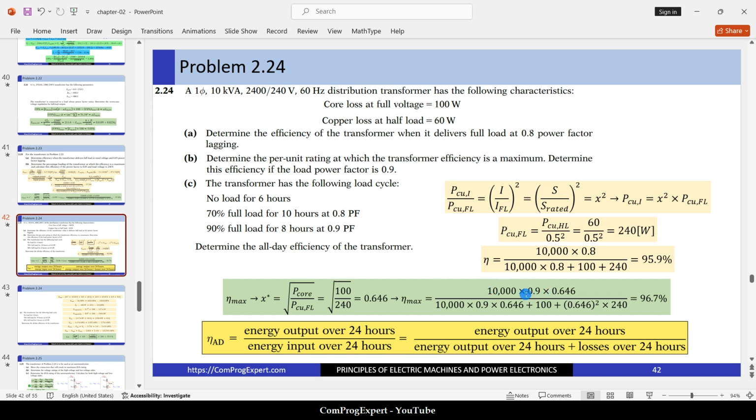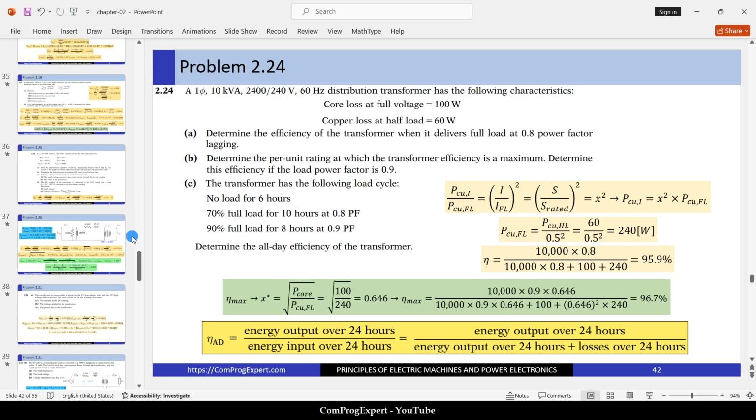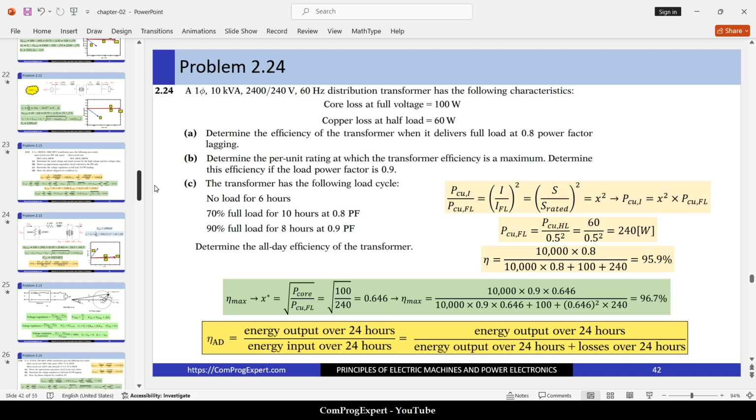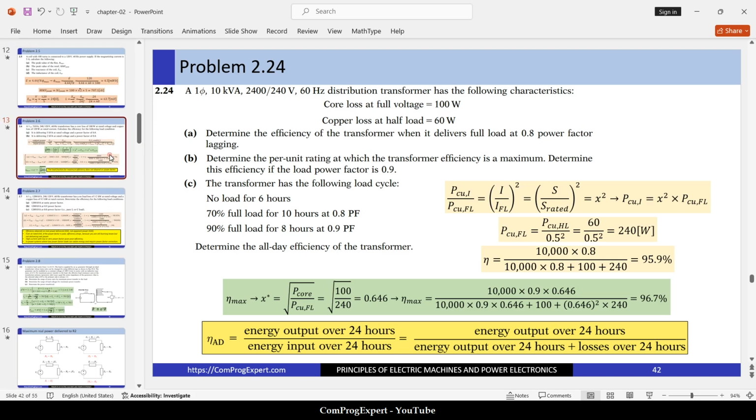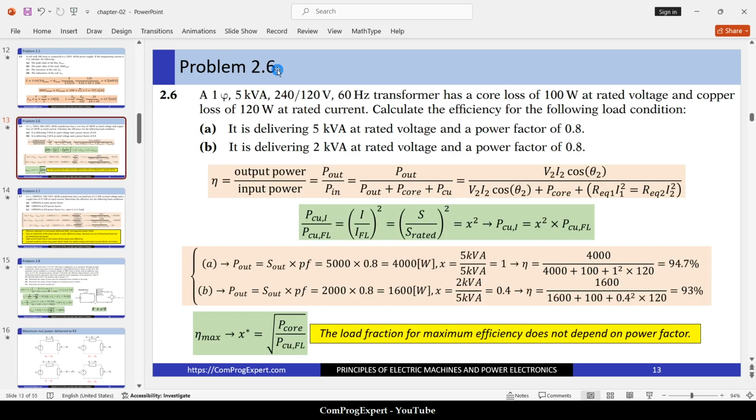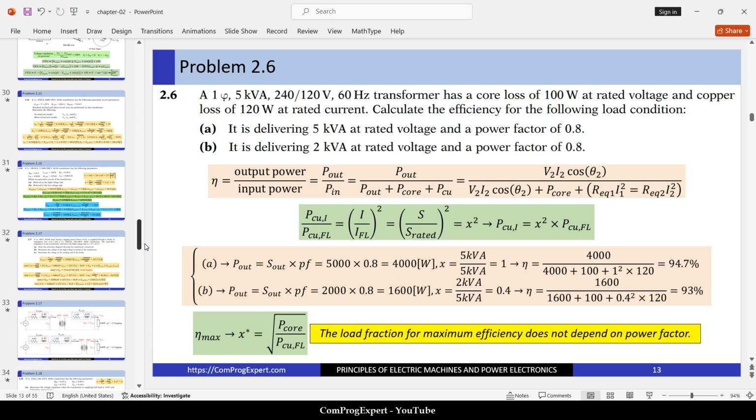Here, the power factor is higher, 0.9, and we know that the load fraction at which we have maximum efficiency doesn't depend on the value of the power factor. We discussed this point in problem 6. The load fraction for maximum efficiency does not depend on the power factor.